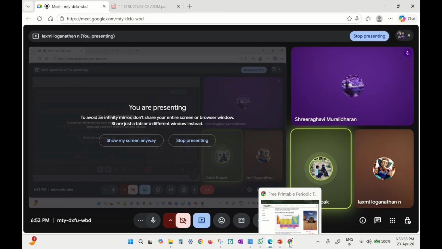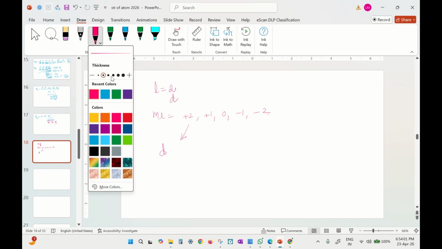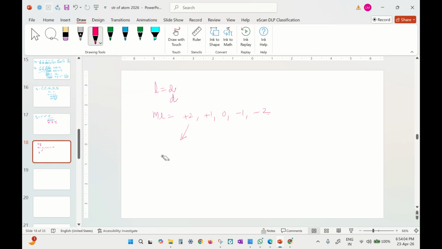The internet problem today. Okay. So there are 5 orbitals in the d subshell, namely dxy, dyz, dzx, dx square minus y square, and dz square.